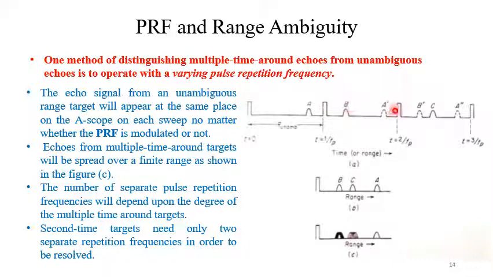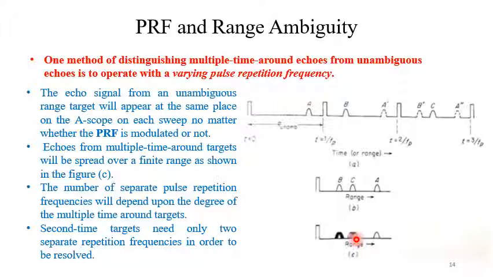So this distance and that distance, now they are not the same, or this time gap, they are not the same. So these multiple time around echoes will spread over some period of time, or if you plot it in terms of range, it will spread over some range.